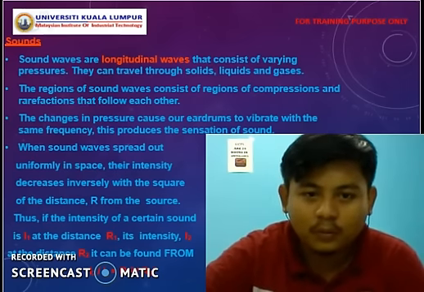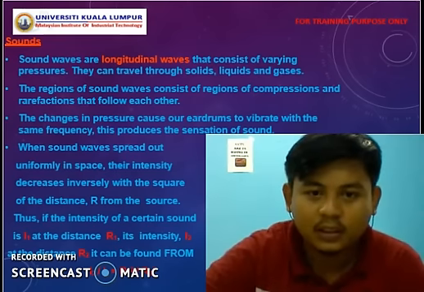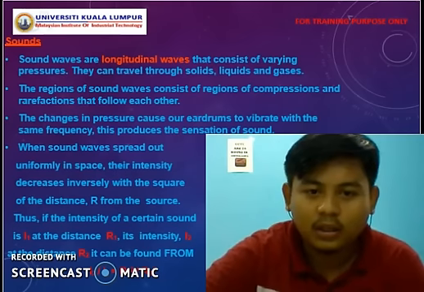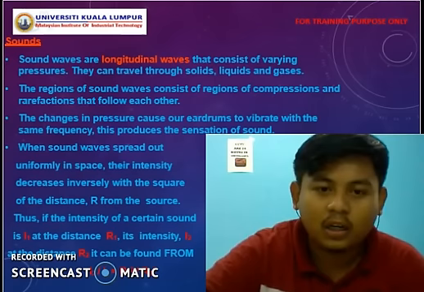When sound waves spread out uniformly in space, their intensity decreases inversely with the square of the distance r from the source. Thus, if the intensity of a certain sound is I1 at the distance r1, its intensity I2 at the distance r2 can be found from I2 over I1 equals r1 squared over r2 squared.